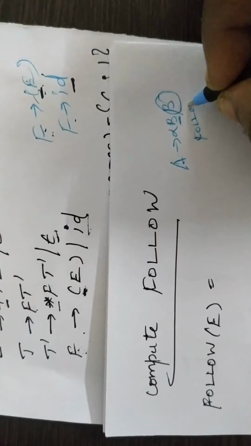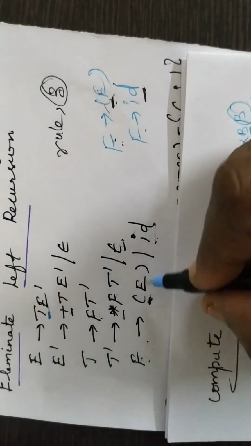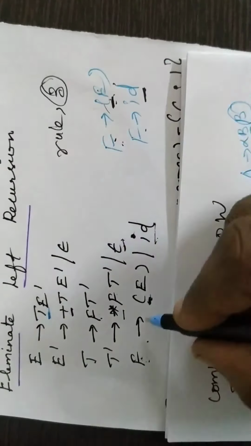Take this production separately: F tends to open bracket E close bracket is one production, and F tends to ID is another production. Take this production, which is of the form A tends to alpha B beta. Here we are checking only for E, so E is your B.